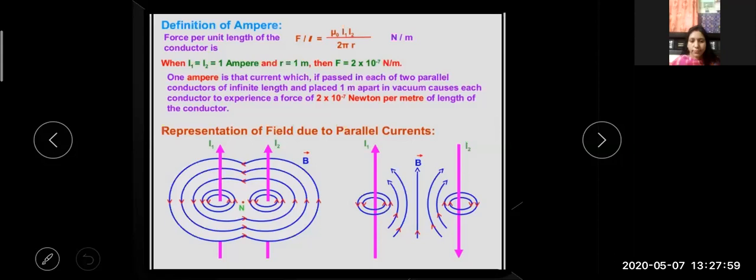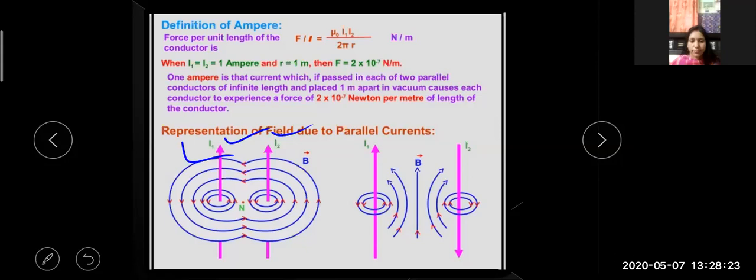Now over here you see two diagrams which represent the field due to two parallel conductors, right? That we have discussed. In the first case, we see that current is flowing in the same direction in both conductors.